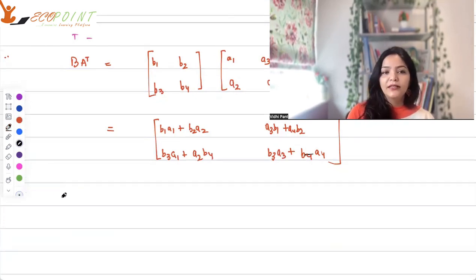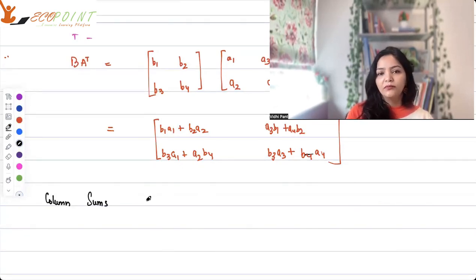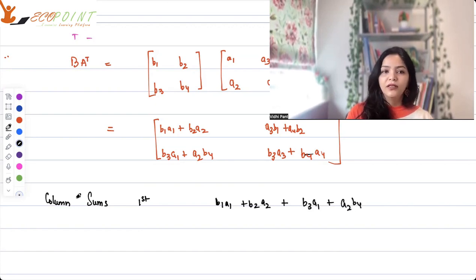But before that, let's look at these columns. Consider the column sum. So the first column, अगर मैं देखती हूँ तो I have B1A1 plus B2A2 plus B3A1 plus A2B4. If you observe, with A1, you have B1 plus B3.